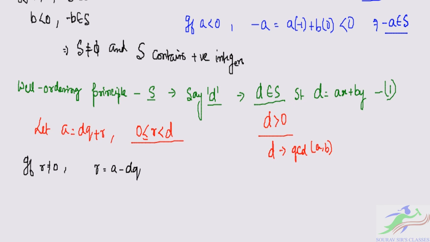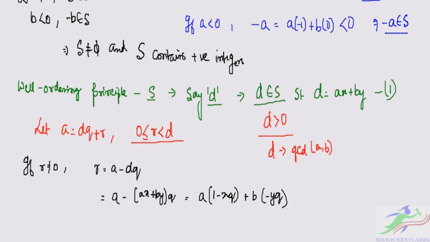Putting the value of D from 1, that is ax plus by into q, we get a(1 minus xq) plus b(minus yq).